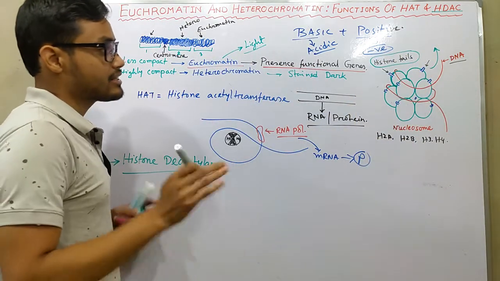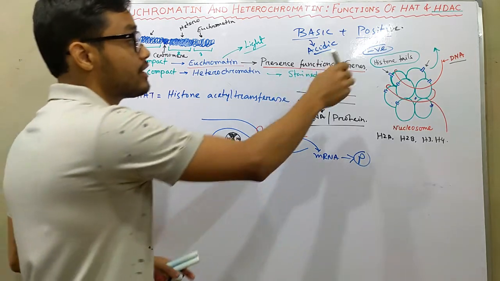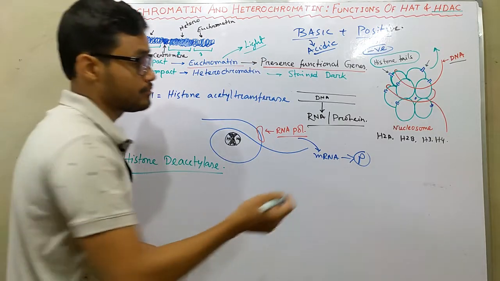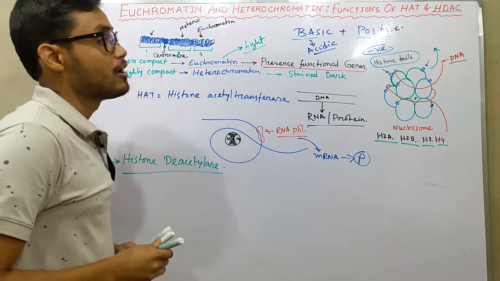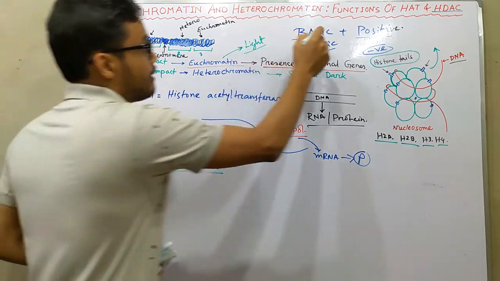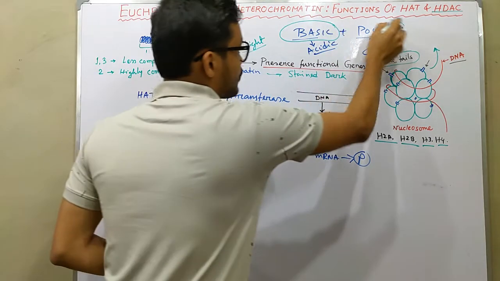Histone deacetylase now removes those extra acetyl groups from histone tails, and the core nucleosome that consists of H2A, H2B, H3 and H4 shifts back to its normal position, and again becomes basic in nature and positive in charge.